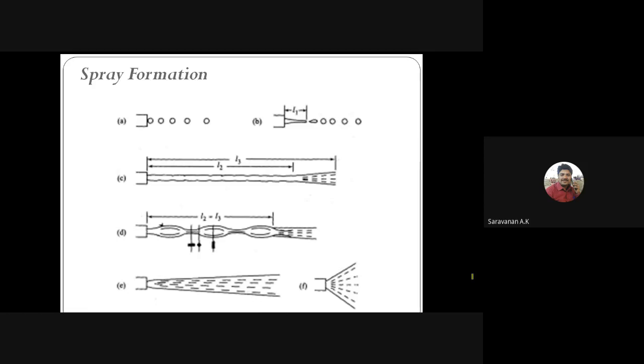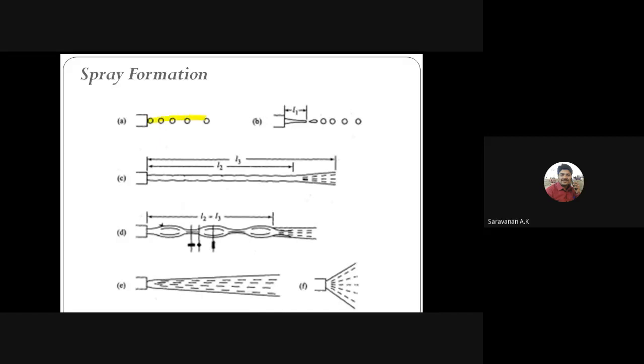Here we have plenty of diagrams. At the start of the fuel injection, the pressure difference across the fuel injection and the orifice is very, very low, right? Therefore single fuel droplets are formed like this. You can see the first diagram.